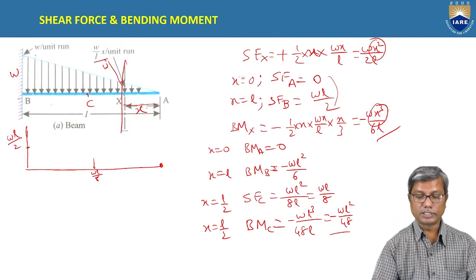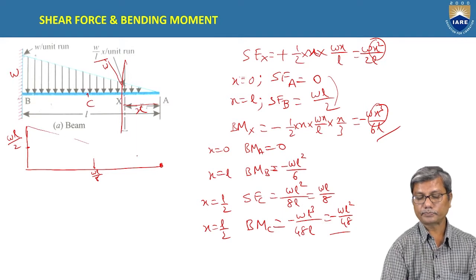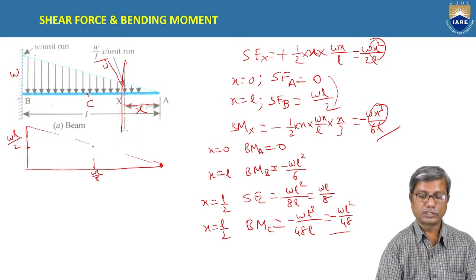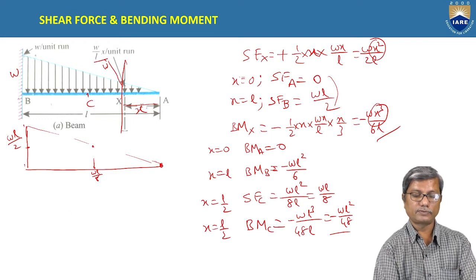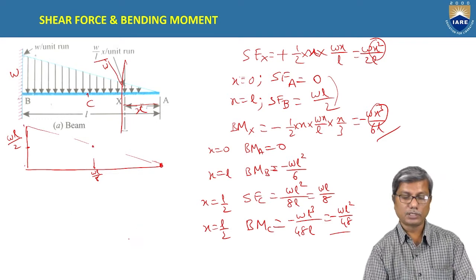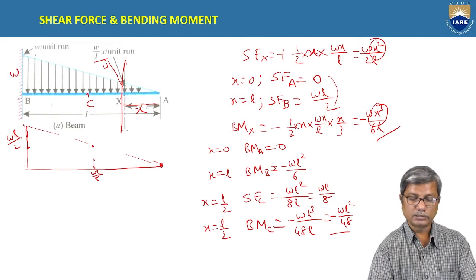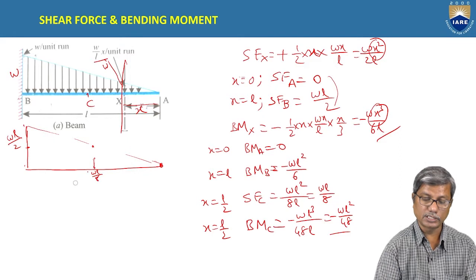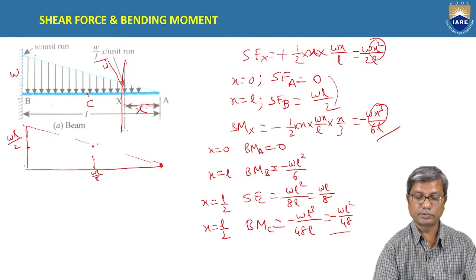Okay. That means if it is a triangle, if it is a linear variation, then the shear force at C will be half of WL by 2, WL by 4. But the actual shear force at C is less than WL by 4.